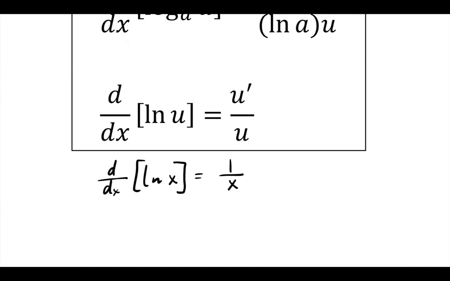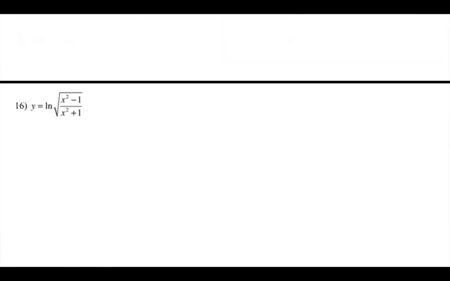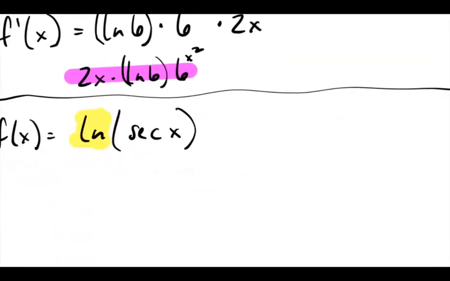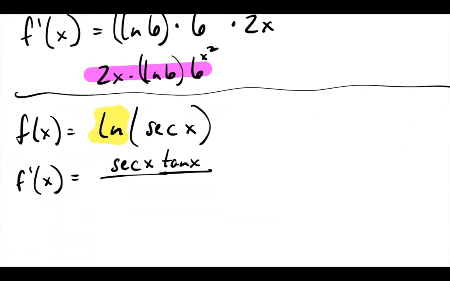Where am I at? Sorry, I lost my place. Here we go. Okay, so we found the derivative. So the derivative for a natural log is the derivative on top. Secant x tangent x over secant x, right?